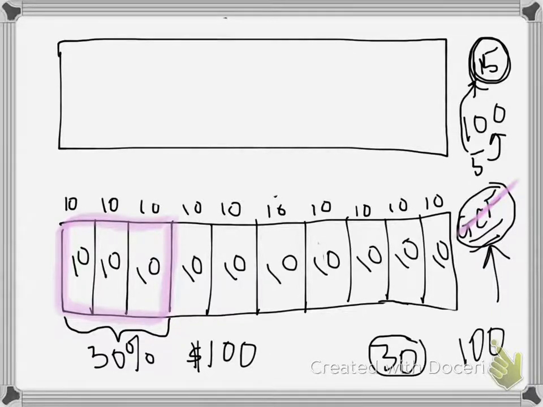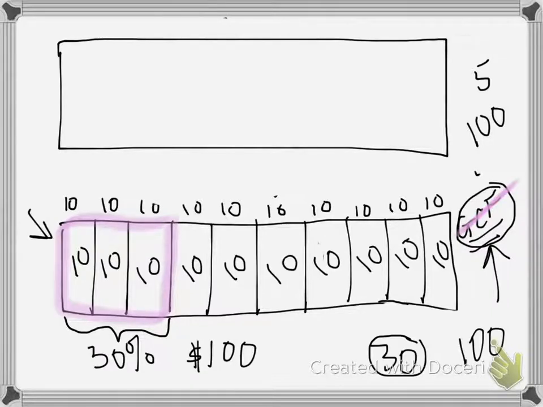So 5. Now I need 5% pieces, okay? So each of my pieces needs to be worth 5%. So if each of my pieces is worth 5%, and I have 100% total, that means I need 20 even pieces. As you can see down here, I needed 10 even pieces. Now I'm going to need 20 even pieces.